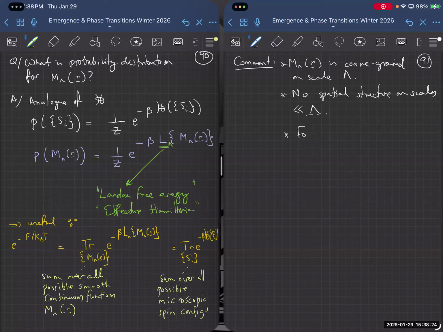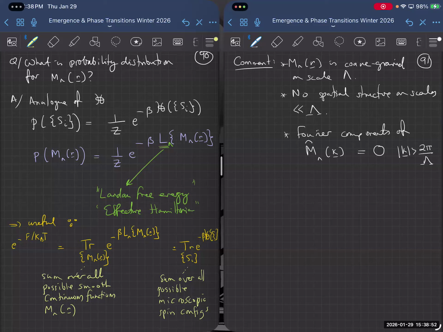That means the Fourier components of m lambda of k, I'm going to put a hat there so you know it's a Fourier transform, are going to equal 0 if the magnitude of k is greater than 2 pi over lambda.